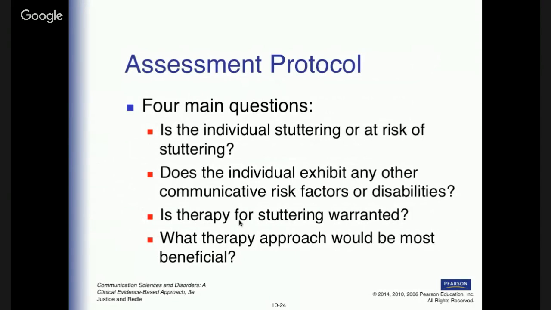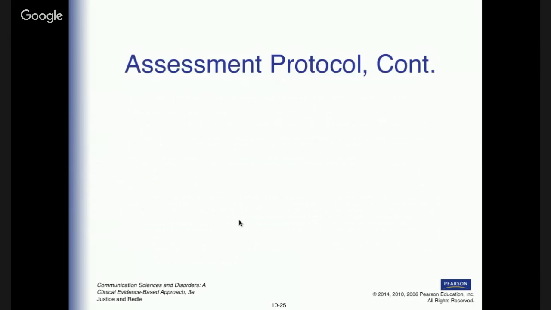Is the individual currently stuttering or at risk for stuttering? Do they exhibit any other communicative risk factors or disabilities? Kids who stutter are going to be more likely to have other speech, language, and learning disorders. And then we also need to know, do we need to have therapy? Should we do some wait and see? And then what therapy approach would be most beneficial?